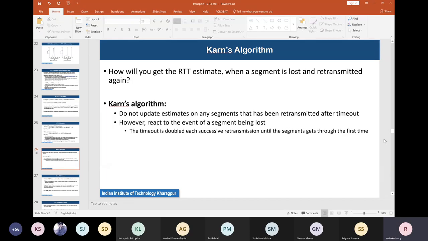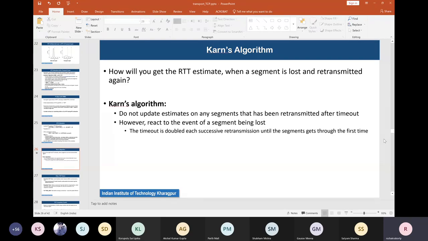What will you do? For the segments that have been retransmitted, will you use them in your updating of the values? There is something called Karn's algorithm, proposed by somebody called Karn.